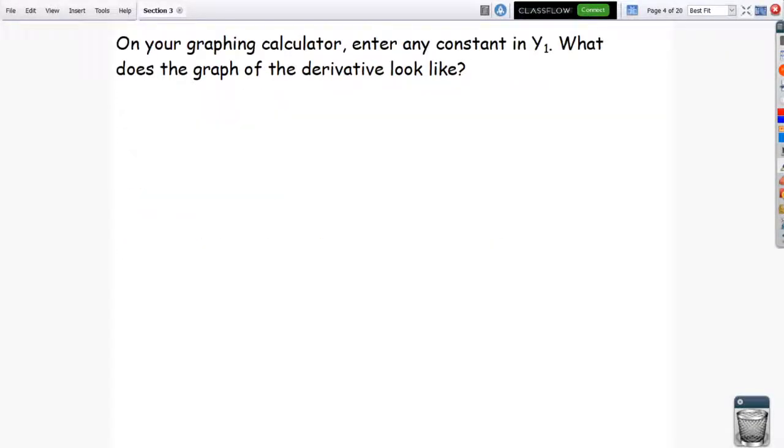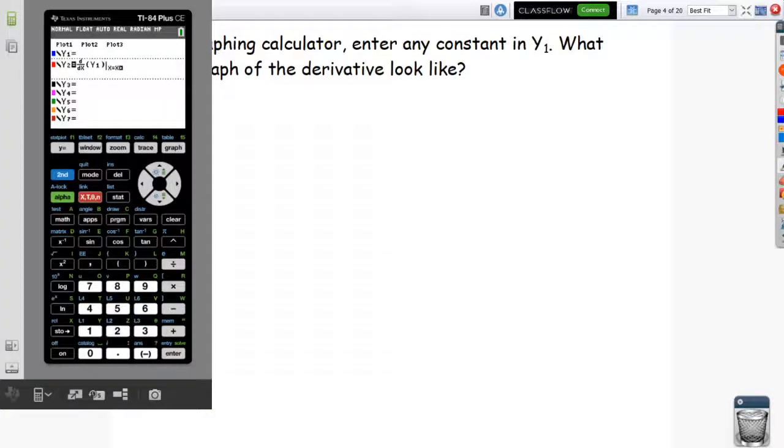All right. So on your graphing calculator, enter any constant into y1. The reason we're entering any constant into y1 is because y2 has now become a differentiator for this calculator. Some constant you like is possibly 1. If I graph this, I can see there's the graph of y equals 1, and there's the graph of the derivative of y equals 1.